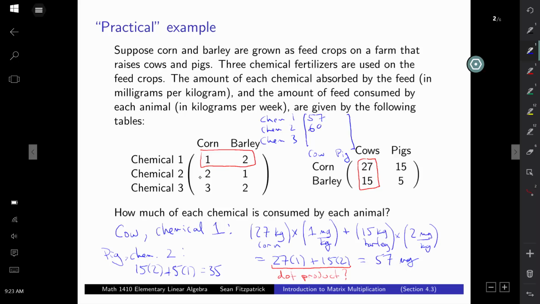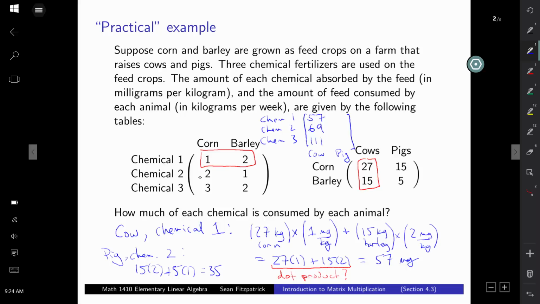I'm going to get 69 milligrams there. And then if I wanted to know what goes in the third row, first column here, how much of chemical 3 is consumed by the cow, I'm going to go to the third row here, and I'm still in the first column here. So 3 times 27 plus 2 times 15, that's going to give me 111.